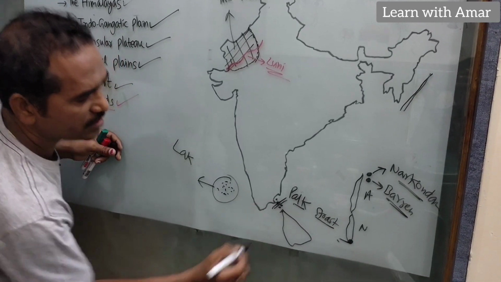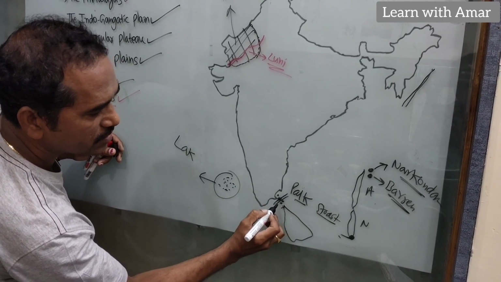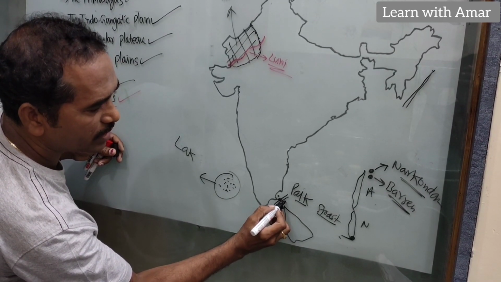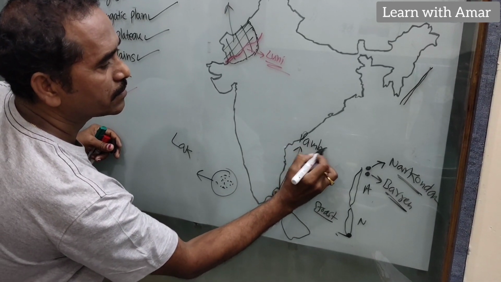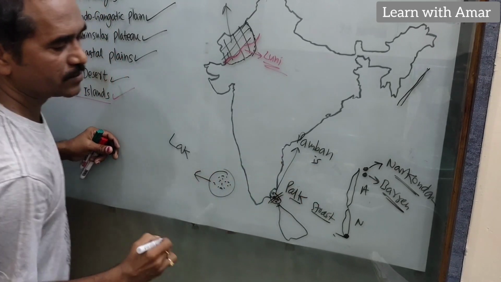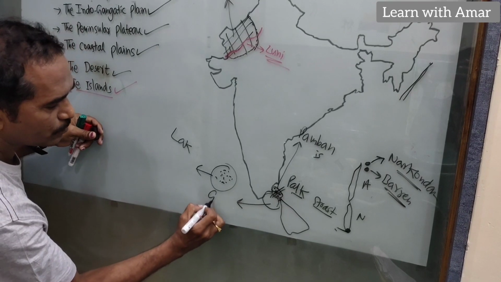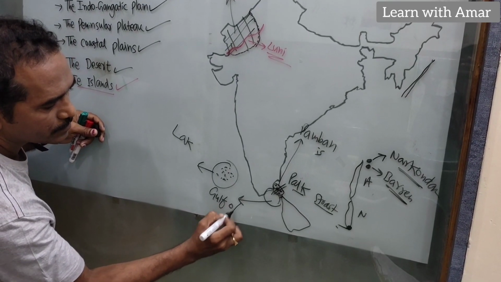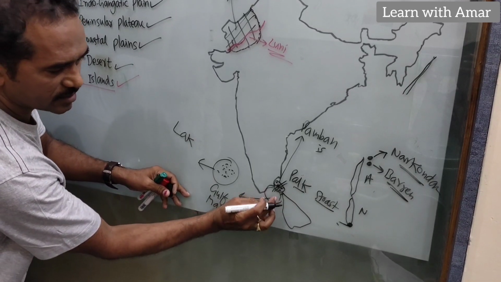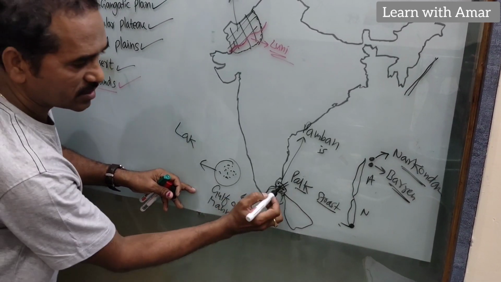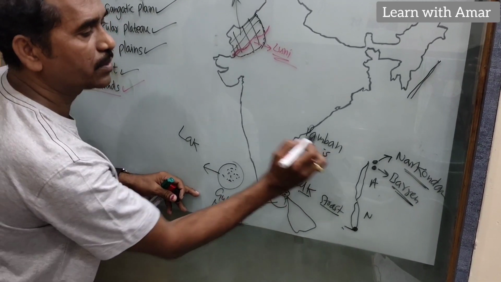What do we call these islands? Pamban Islands. Very good. These islands are called Pamban Islands. And this gulf is known as Gulf of Mannar. The strait is known as Palk Strait, and these very small islands are known as Pamban Islands.